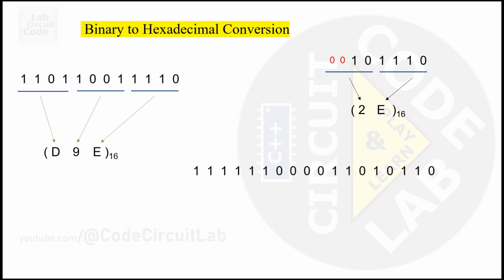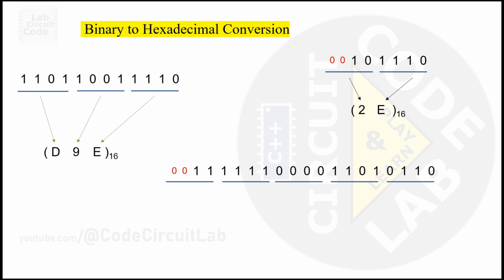Now let's see another example. First group, second group, third group, fourth group, and fifth group. Again, we add 2 zeros on the left side to make it a group of 4. Now that the groups are made, we convert each group into hexadecimal.